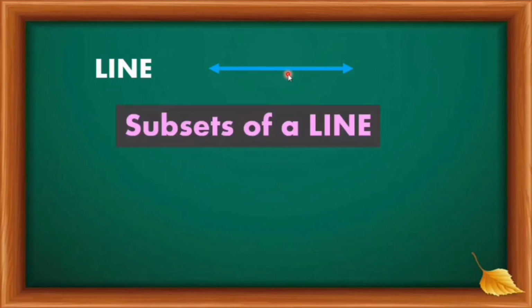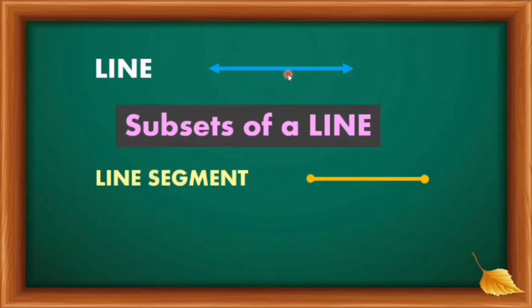In summary, we have here a line. As we can see, it has two arrowheads, meaning it extends in both directions. Ibig sabihin, yung length niya is infinite, endless, immeasurable. While the subsets of a line are, we have the line segment, which has two endpoints. Ibig sabihin, dahil meron siyang dalawang endpoints, it will never extend in any direction.